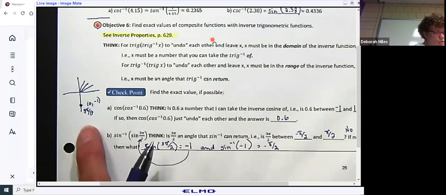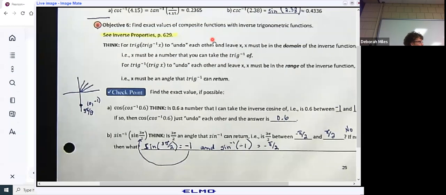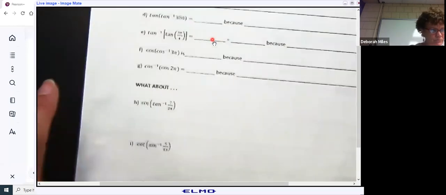It's the same angle, but we just needed to write the answer in a way that it was between -pi/2 and +pi/2. Yes, we were just giving it a different name, a name that fits the rule, and the rule is it has to be between -pi/2 and +pi/2. Okay, glad that clicked. Let's do another one.